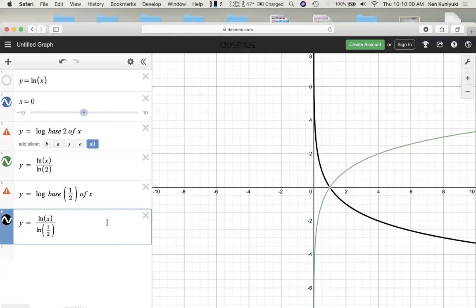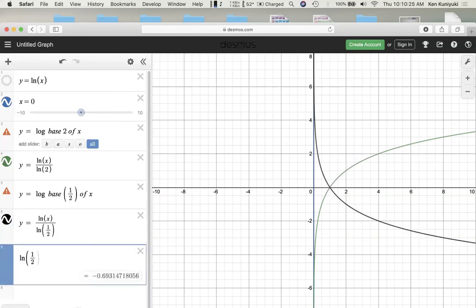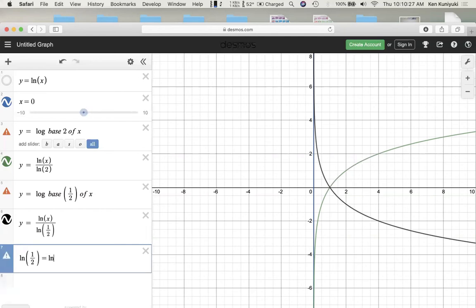And the reason for that is because, in fact, these two functions are opposites of one another. In particular, I claim that ln of 2 and ln of 1/2, these divisors, are opposites of one another. And therefore, 1 over ln of 2 is the opposite of 1 over ln of 1/2. And here's why. ln of 1/2 is equal to ln of 1 minus ln of 2.